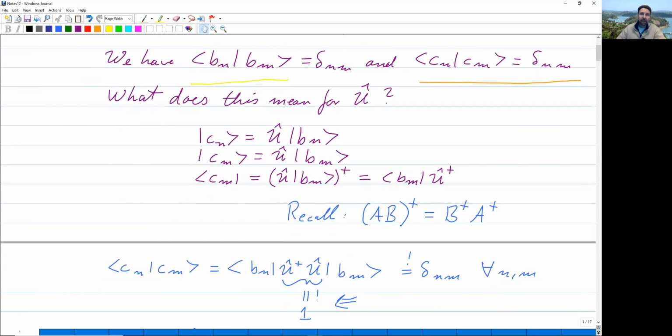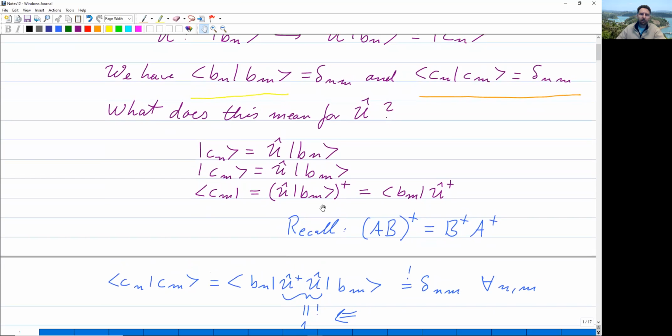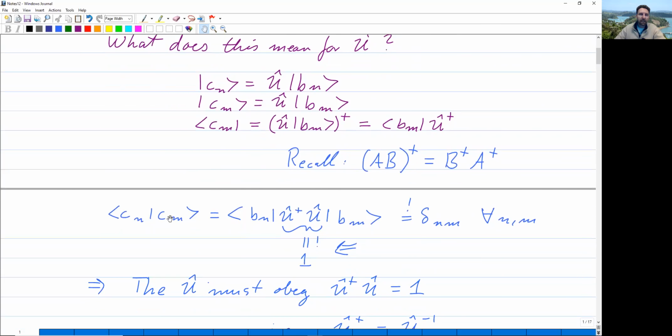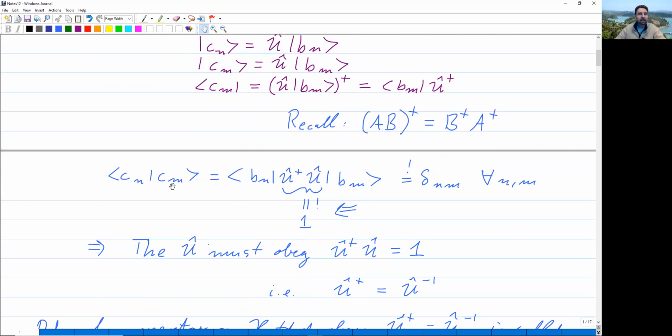All right, so now we have the ingredients to check what the orthogonality condition implies for the linear map U. So we just take now the inner product between the Cn on the left and the Cm on the right. What is it?